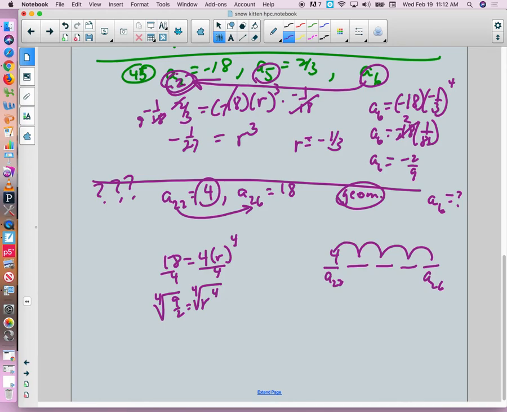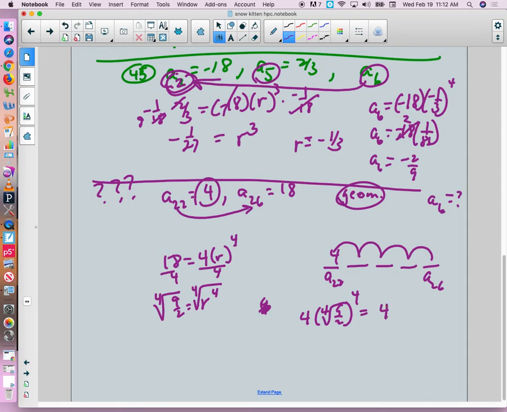Trying to think if I can even simplify that. If it was 9/4, I could reduce it to some sort of square root, but I'll just use the 4th root of 9 halves. So if I say 4 times, well, let's just look at it. 4 times the 4th root of 9 halves, whatever decimal that is, to the 4th power.